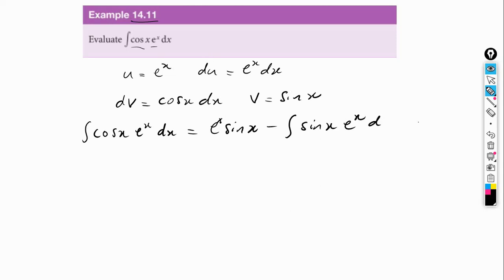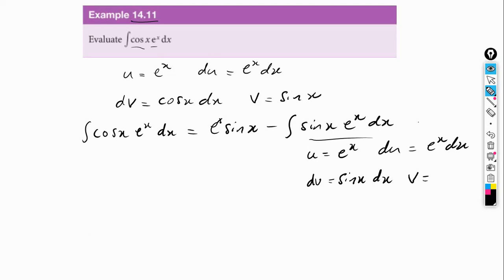So notice that now we have to integrate this by parts again because there's no direct integration. So again, let's make u e to the x. The derivative of u is simply e to the x dx. And then the derivative of v is going to be sine of x dx. Therefore, v would be minus cosine of x. Can't forget that minus.